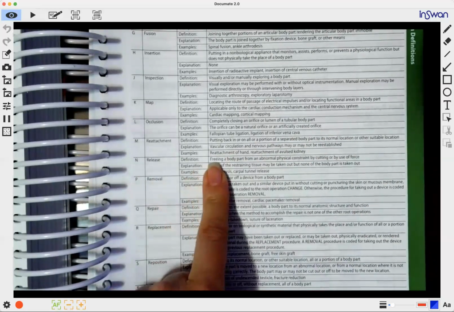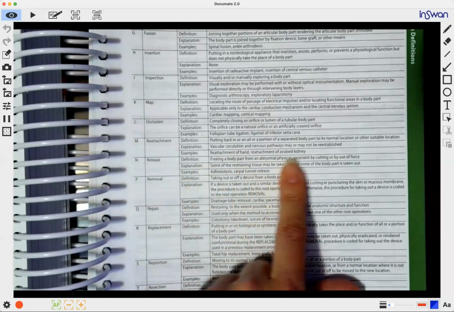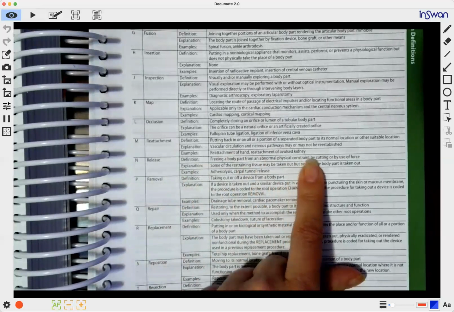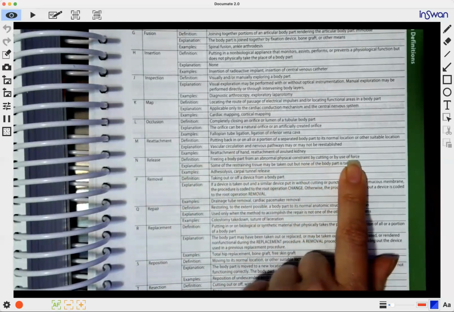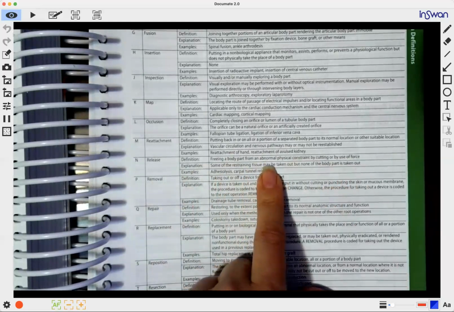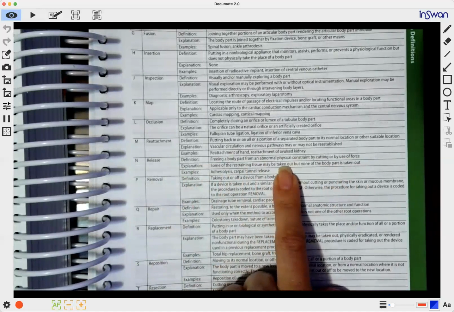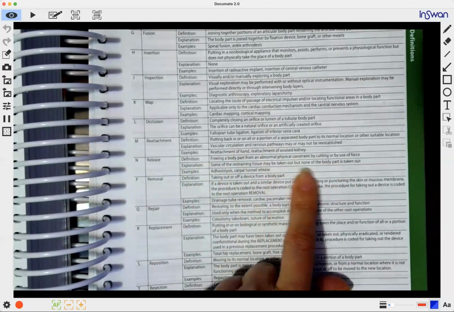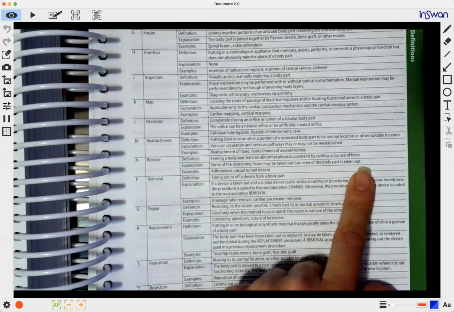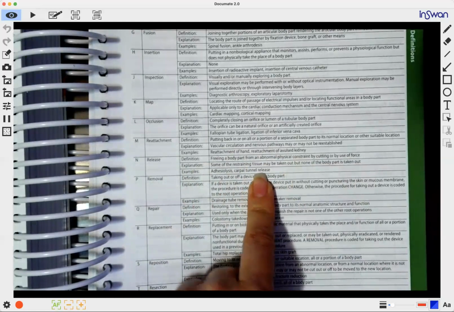Release is freeing a body part from an abnormal physical constraint by cutting or by use of force. So some of the restraining tissue may be taken out, and that would be integral to the procedure. It's in order to accomplish the release, but none of the actual body part is taken out. So a carpal tunnel release is a good example.